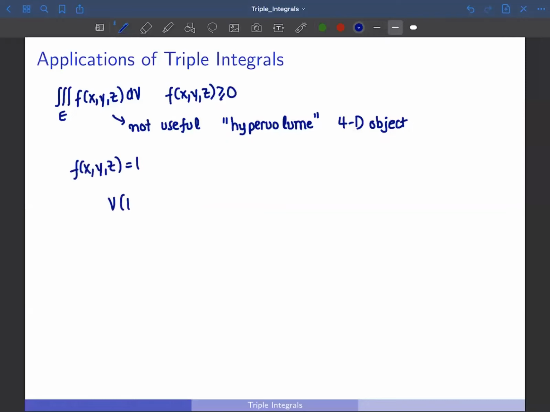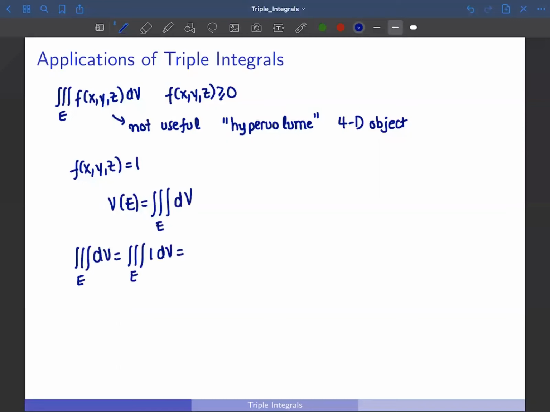So the volume of the solid region E will be equal to the triple integral over the region E of dV. And we have that the triple integral over the region E of dV is equal to the triple integral over the region E of 1 times dV. So we can write that as that.